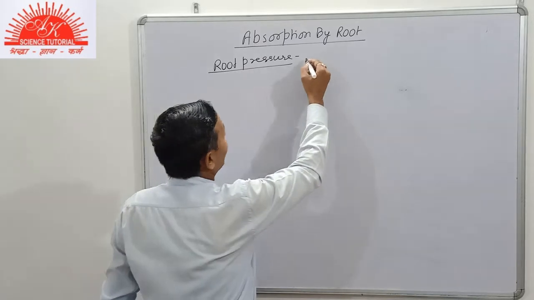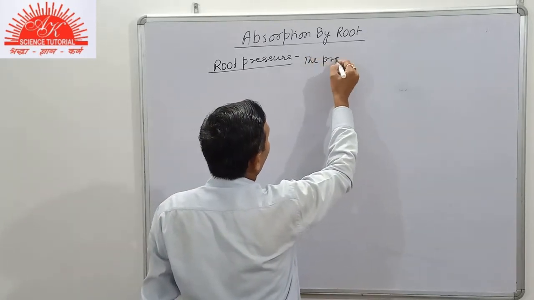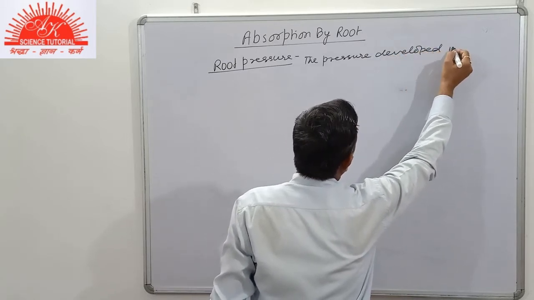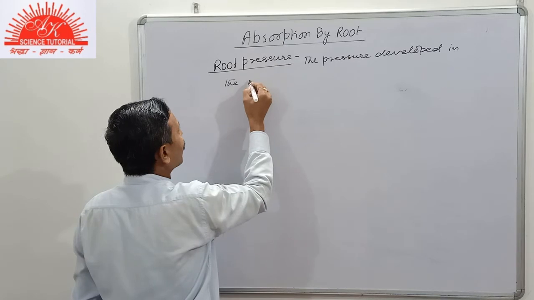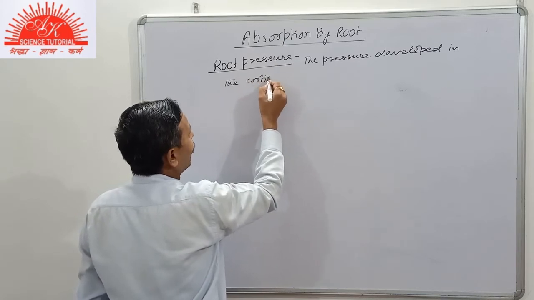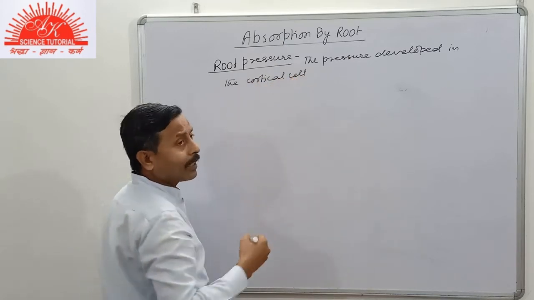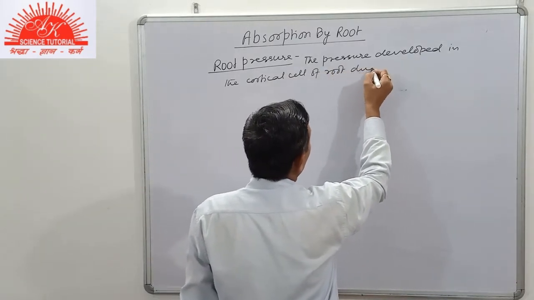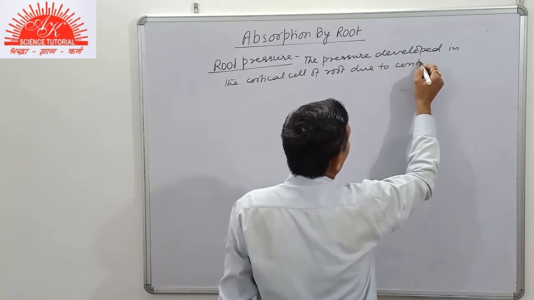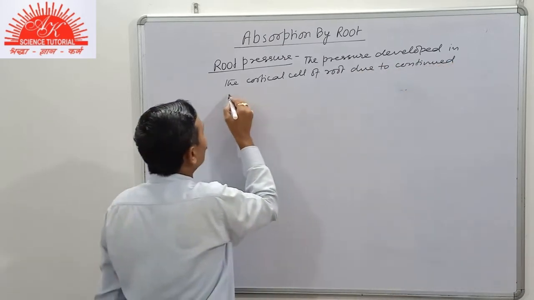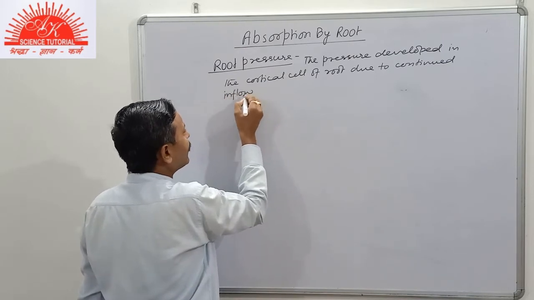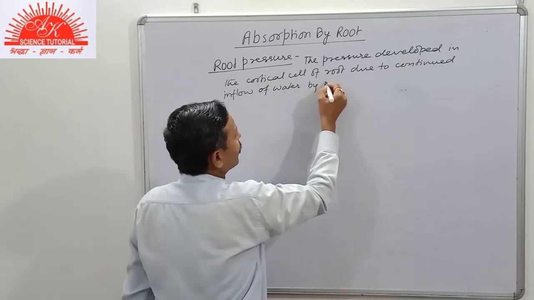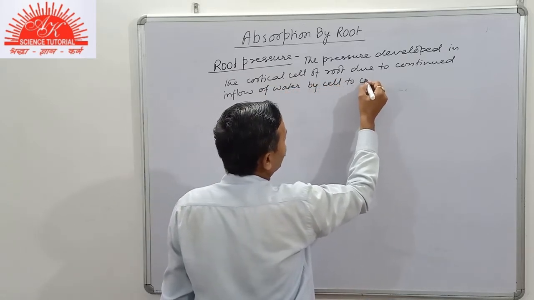So we say that root pressure is the pressure developed in the cortical cells, that is the cells of the cortex of the root, due to continued inflow of water, that is inward movement of water, by cell to cell osmosis.